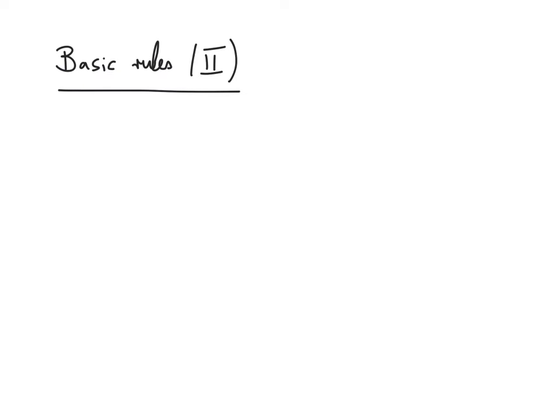So on the previous slide, we saw basic rules for actual types of functions: constant, linear, and power function. So now the rules on this slide will be about functions that are combinations of other functions. So this will tell us how the derivative behaves when I take functions and combine them to build new functions.